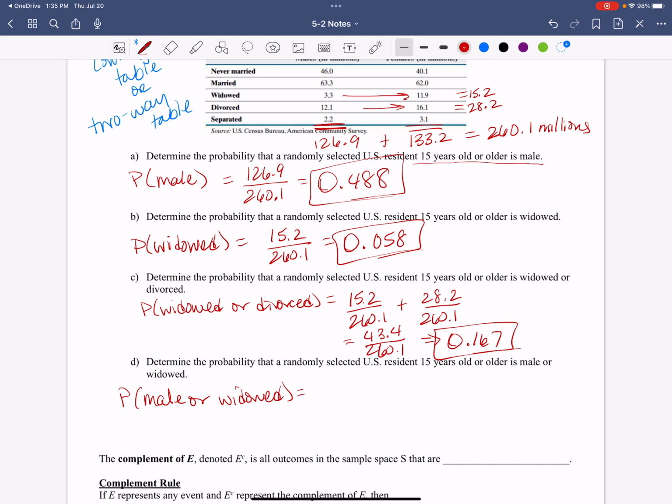So we've got male, 126.9 out of my total. Female, oh, no, wrong. Widowed, 3.3. No, lies. Male widowed total is 15.2.